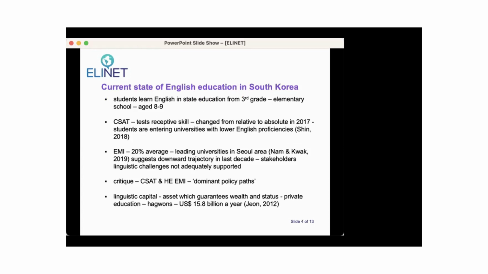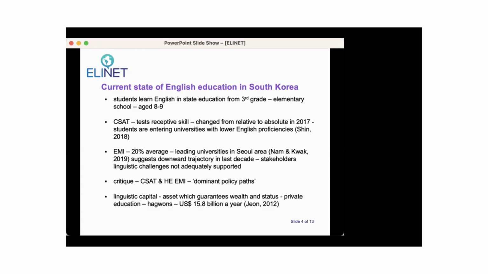This slide provides an overview of the current state of English education in South Korea. Students learn English in state education from third grade of elementary school, when they're aged between 8 and 9 years old. The CSAT exam, which is the university entrance exam, in the case of English focuses on testing students' receptive skills.